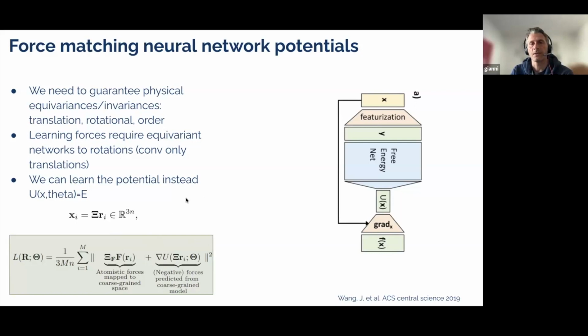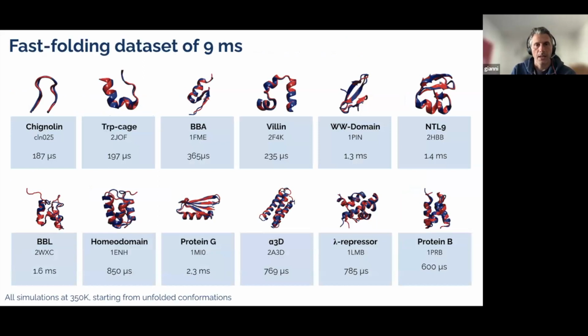In this case, for instance, let's say we take the carbon alpha, you compute the forces acting on the carbon alpha in the all-atom system, and we try to build a neural network potential just for the carbon alpha. And then we generated tons of data. In this case, for our fast-folding proteins, we generated more than 9 milliseconds of simulation data, which is a lot. I think it's one of the largest data sets that you could get for molecular simulation.